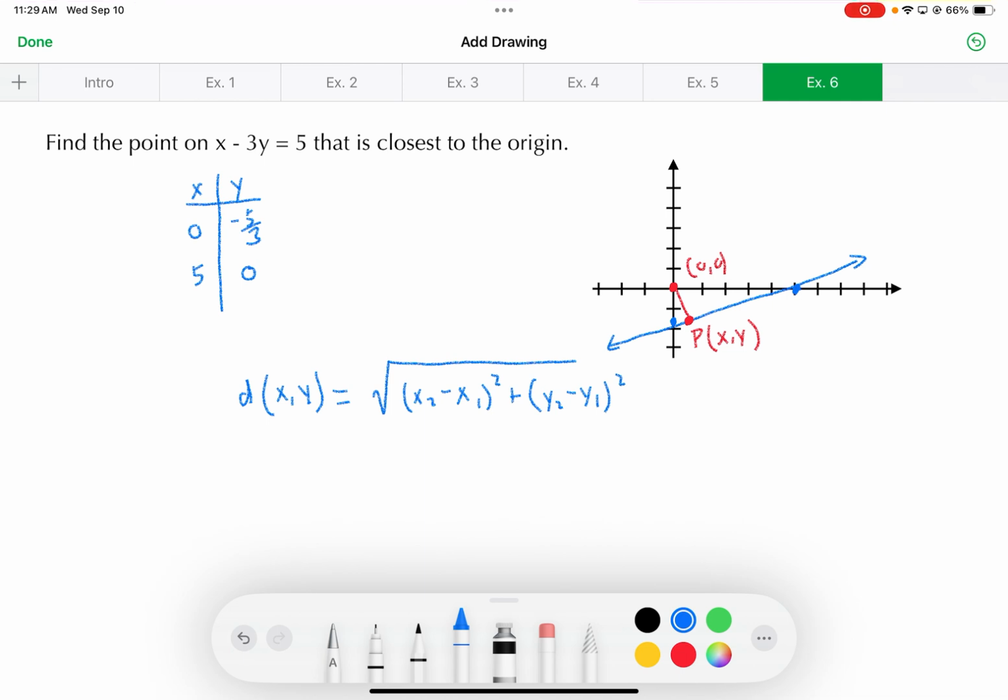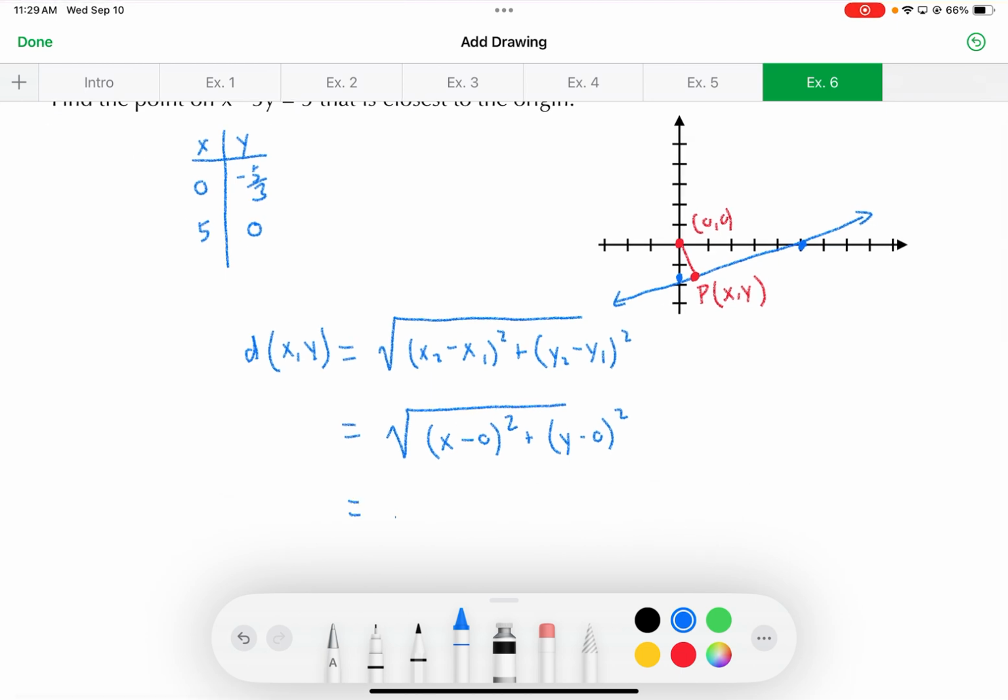Well, in this case, our points are x, y, and 0, 0 that we're plugging in. So I'm going to make it easy on myself. I'm going to make x2 just the x value, x1 is 0, and then y2 would be y, y1 would be 0. That's going to simplify to the square root of x squared plus y squared, yes?